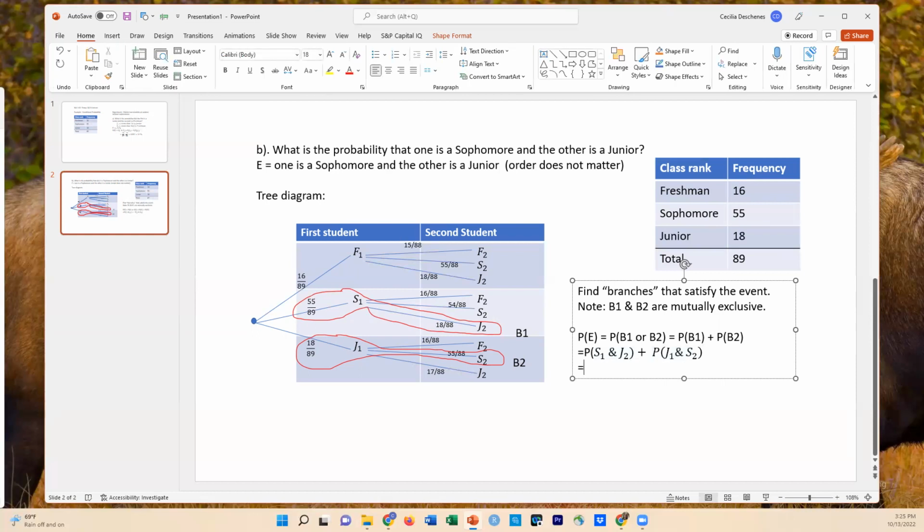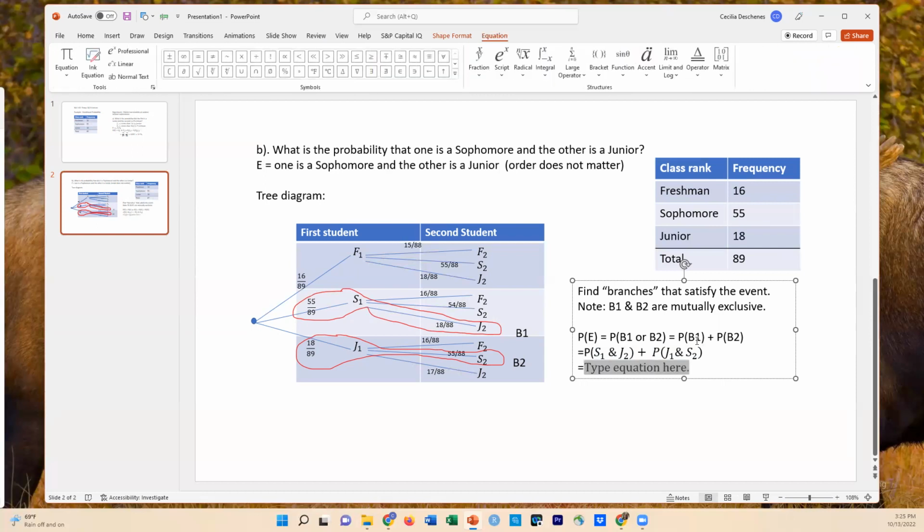So what's that equal to? Well, by the basic counting rules, we multiply the probabilities for each event. So for the first event, we have 55 divided by 89 times 18 divided by 88.